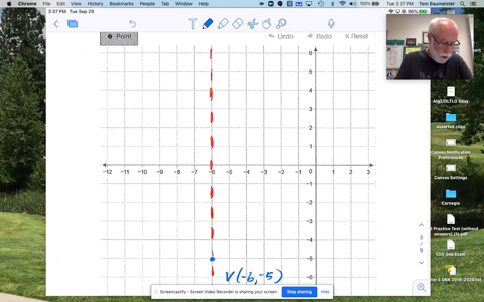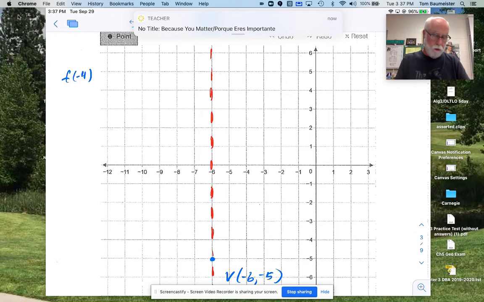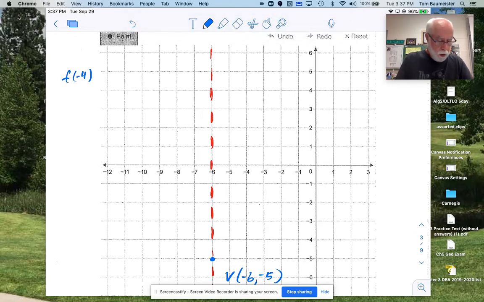So remember, what that means is we're going to take our function, and I'm going to put f of x is equal to negative 4. I just chose to do that one first. And if we look at that, remember wherever I see x, I'm replacing it with negative 4. So again, that'll give me 1/4 times 2 squared minus 5. 2 squared is 4. 1/4 of 4 is 1.